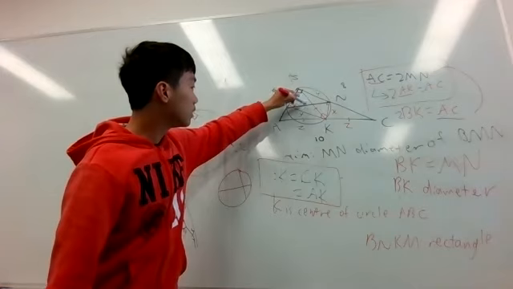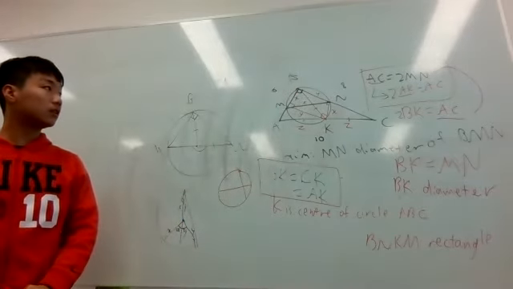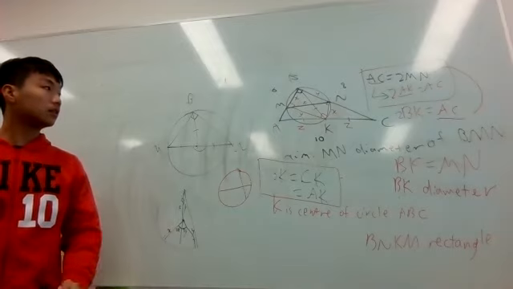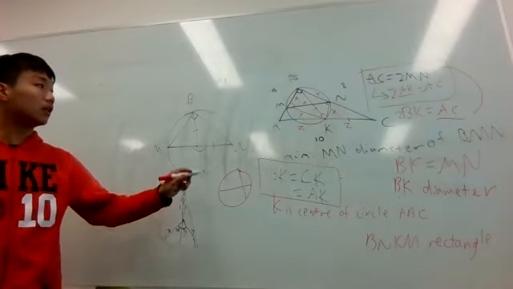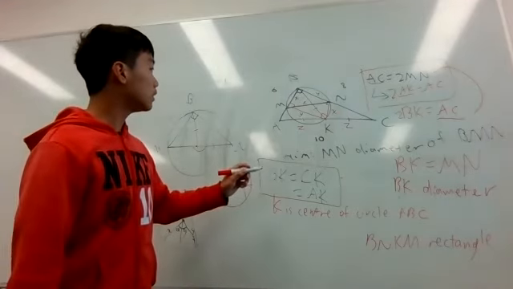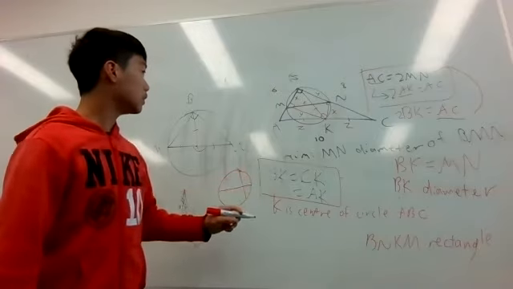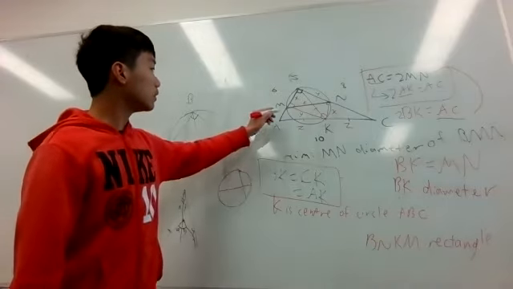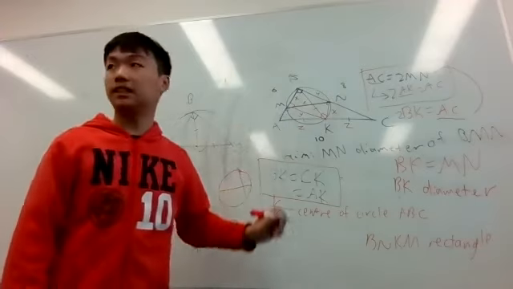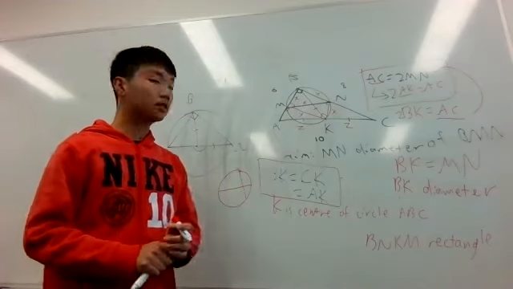And that makes angle KMA also a right angle. So that means MA is also equal to X, and that would also make angle CNK a right angle, and that makes NC Y. So that means M is the midpoint of AB and N is the midpoint of BC.